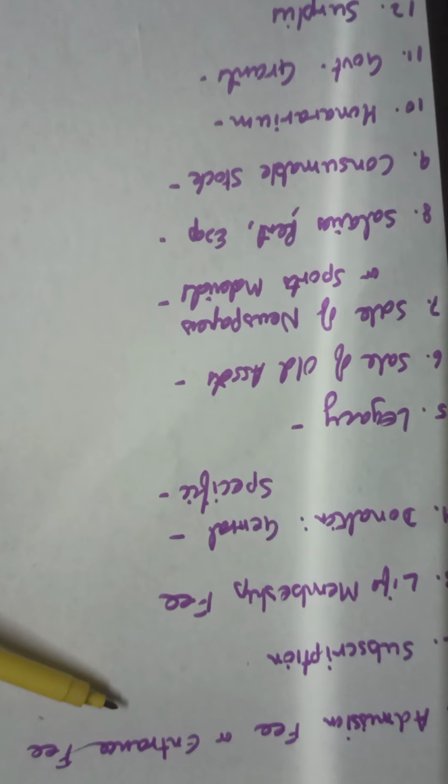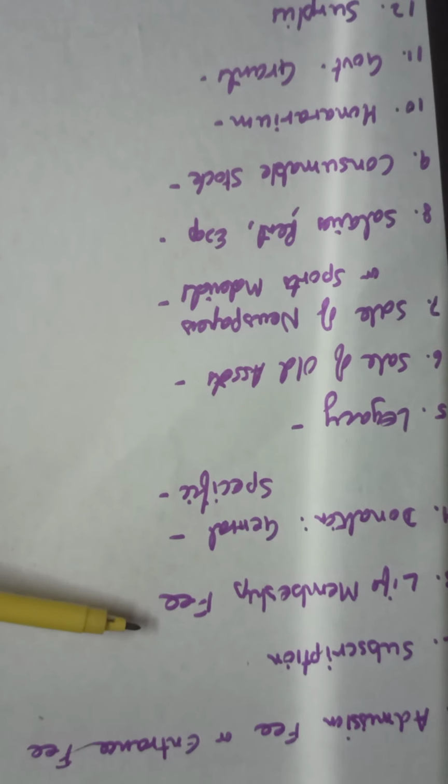Otherwise, the amount will be added to the capital fund in the balance sheet, in case it is specified that you have to treat it as a capital receipt. But in case no specific information has been given, you may take the entrance fee as a revenue receipt and show it on the credit side of the income and expenditure account.